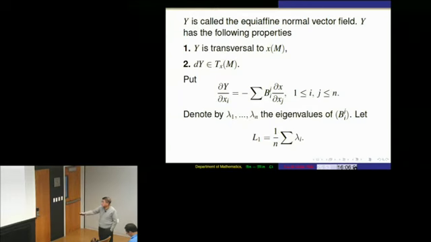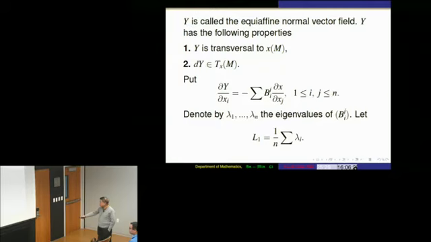Because of these properties, we can write partial Y over partial x_i equal to sum B_ij partial x over partial x_j, where B_ij is a matrix. We denote by lambda_1 up to lambda_n the eigenvalues of this matrix.